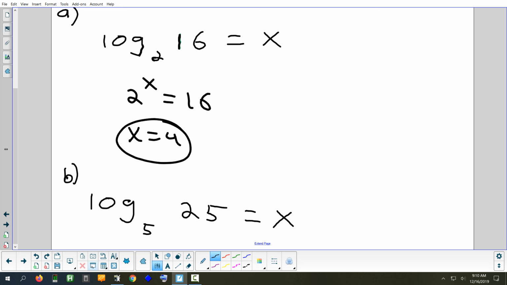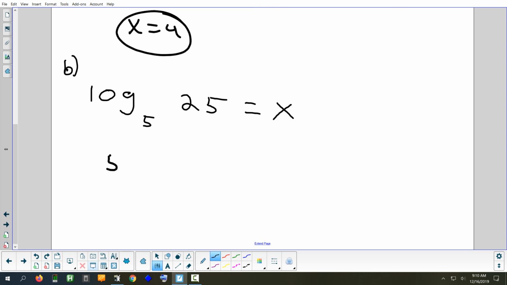So what is your answer? 2. Yes. The answer here is 2. How you get it? 5 is your base. X is your power. 25 is the argument, ends up alone on the other side. So now you're just asking yourself, 5 to what power is 25? 5 to the second.